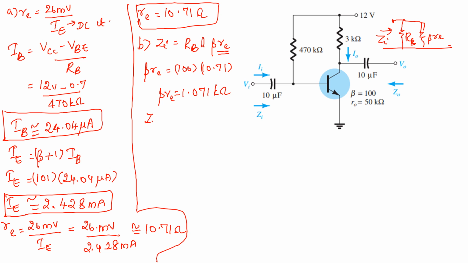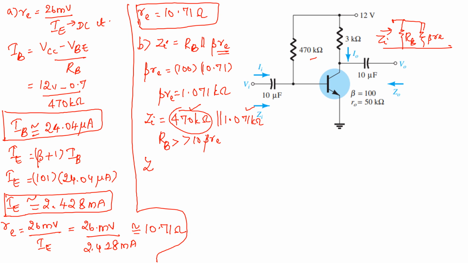So you will be getting 1.071 kilo ohm for beta RE. Now Zi will be equal to RB parallel to beta RE. What is the value for RB? RB is equal to 470 kilo ohm parallel to 1.071 kilo ohm. By seeing the equation itself, we know that there is an assumption: if RB is greater than 10 times beta into RE, if RB is very high, then you neglect the value for RB and take the value of beta RE.